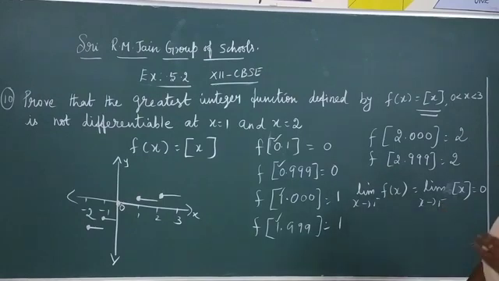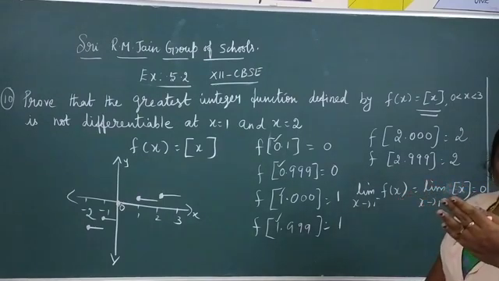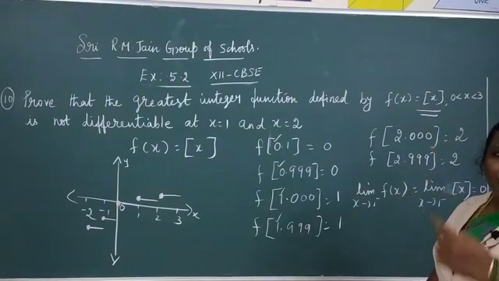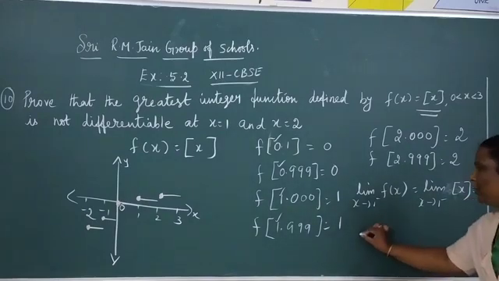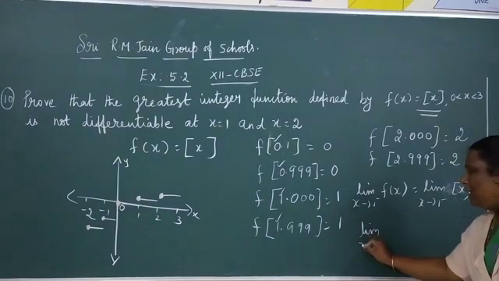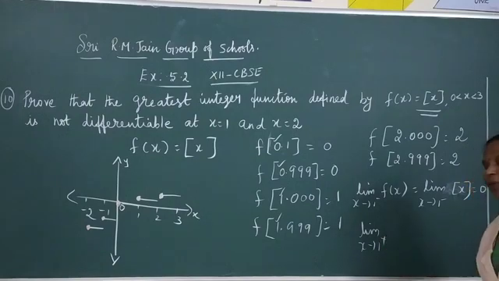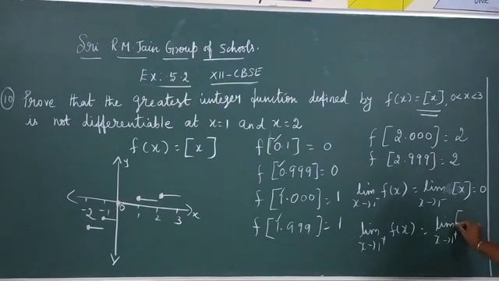Because negative, it moves to the negative side. So, where does it approach? 1 to 0, it approaches to 0. See, limit x tends to 1 plus, right hand side limit f of x equals limit x tends to 1 plus x.